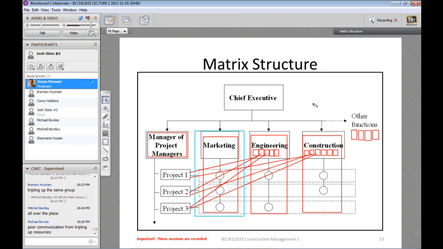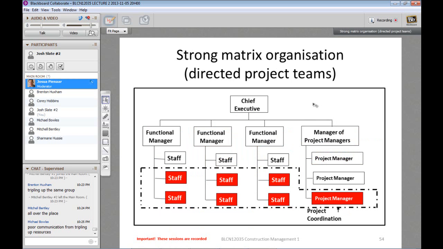But when it comes to engineering and construction, it becomes difficult because we have multiple project managers sitting over here on the side, and the project managers are going to demand time from our engineering division and our construction division. But our engineering and construction division is obviously also going to have to report back to our chief executive, and who is the boss at the end of the day?